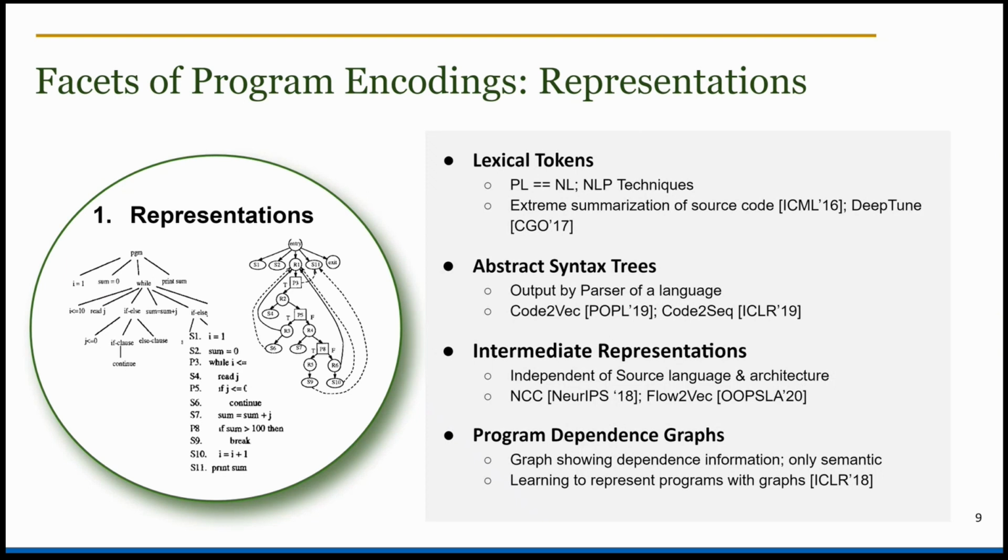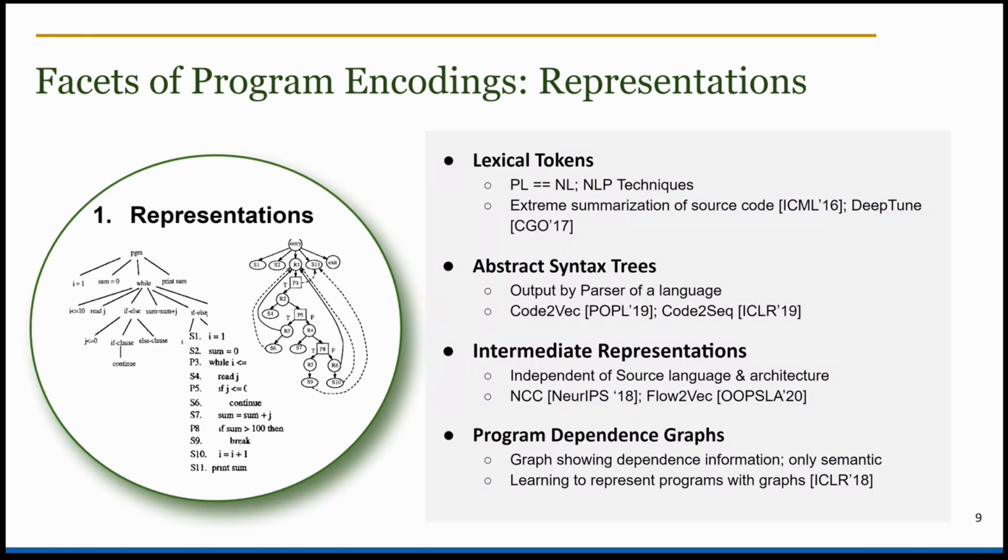To start with, when this domain evolved, people considered programming language tokens on par with natural language tokens, and used NLP techniques to process programs. Later on, people understood some shortcomings of this approach and tried to use abstract syntax tree representations, or representations derived from the abstract syntax tree, which is essentially the output of the parser of a language, for performing downstream tasks.